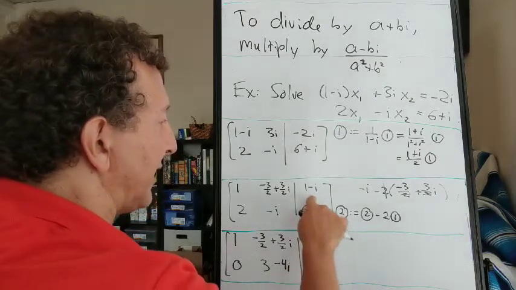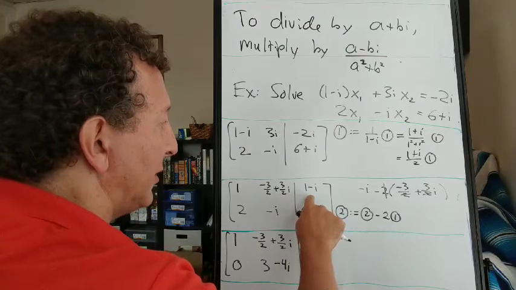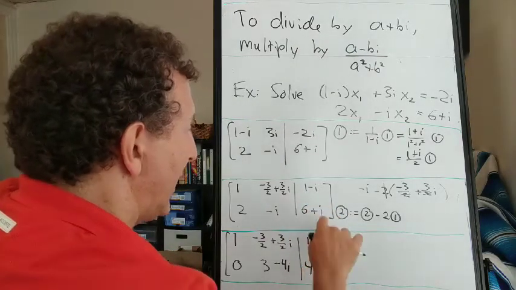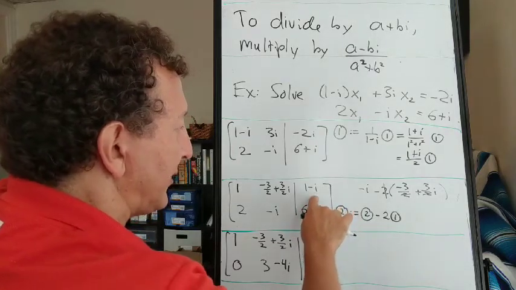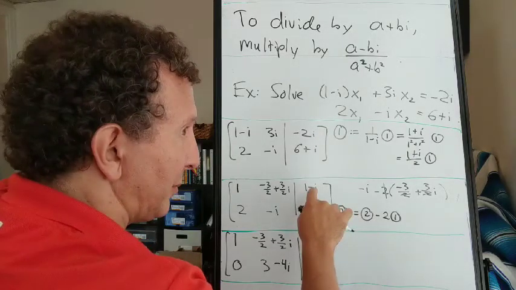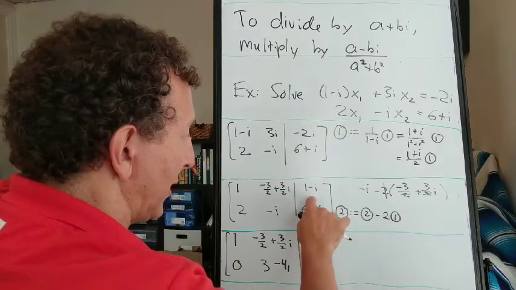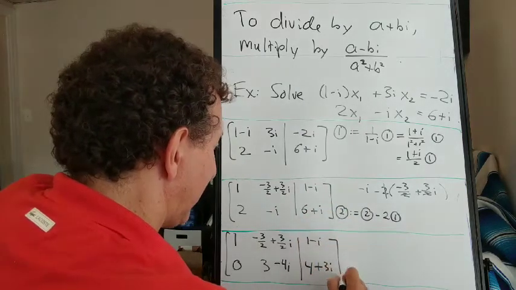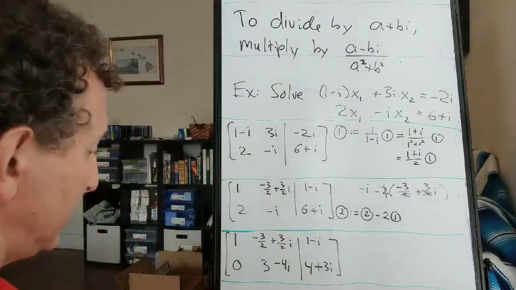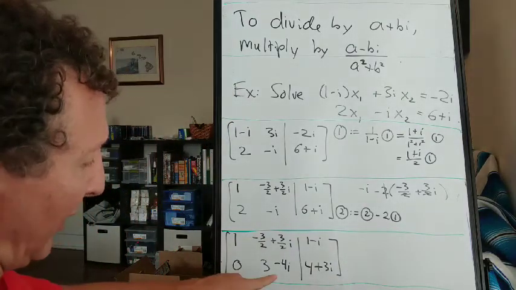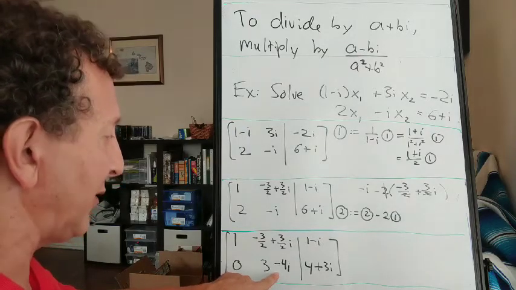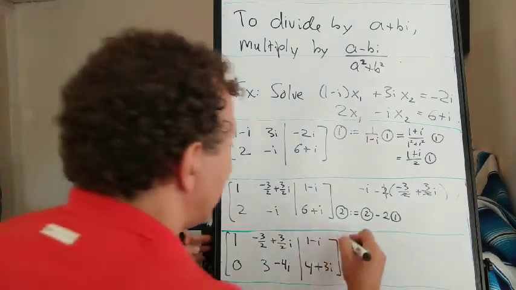And then 6 plus i minus 2 times 1 minus i is 6 minus 2, 4. i minus 2 times negative i is i plus 2i, which is 3i. Alright, now we'd like to have a 1 in this position. So we'll divide the second row by 3 minus 4i.